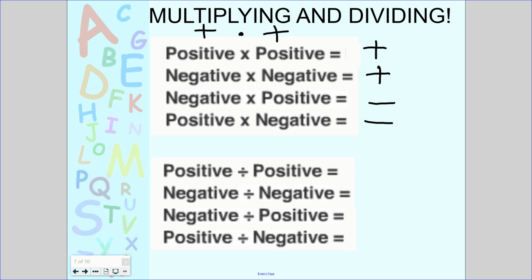Dividing, the rules are the same. Positive divided by a positive is positive. Negative divided by a negative is positive. And if you have one of each, you will get a negative answer. So again, multiplying and dividing with negatives, if you have two of them, will cancel each other out and give you a positive value.